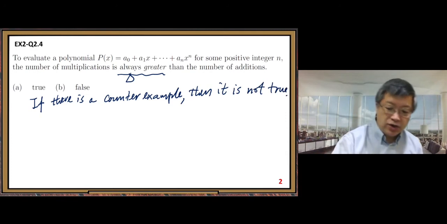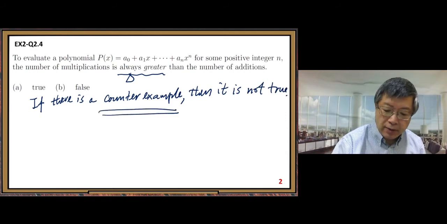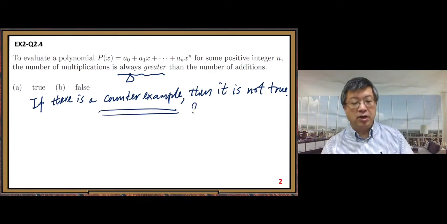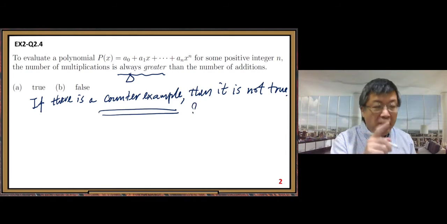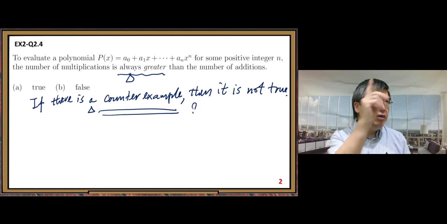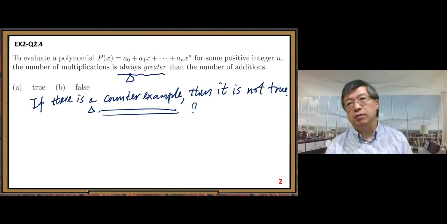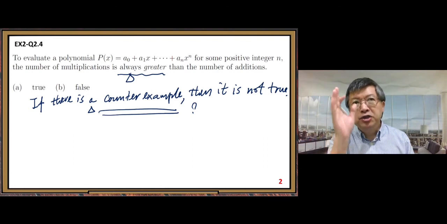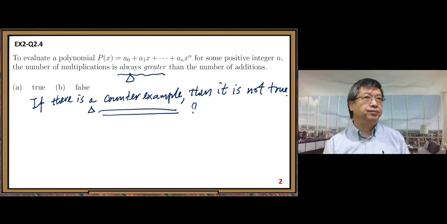The question is, can you find a counterexample? That's the hard part. You only need one counterexample. You do not need many, only one special example. That is enough to make the whole statement false.